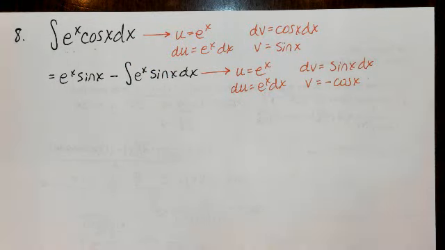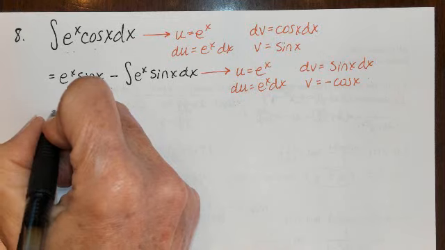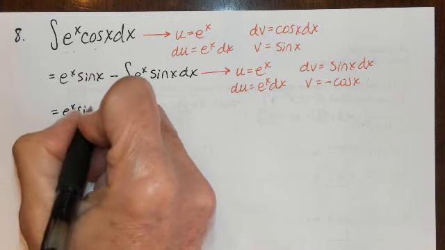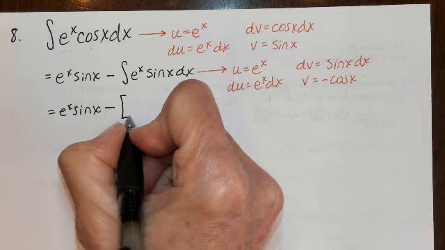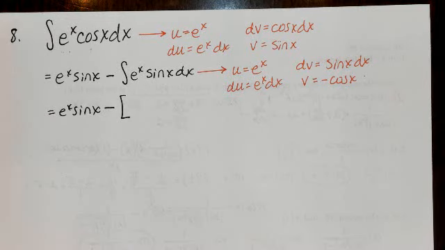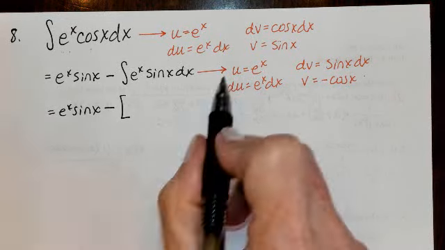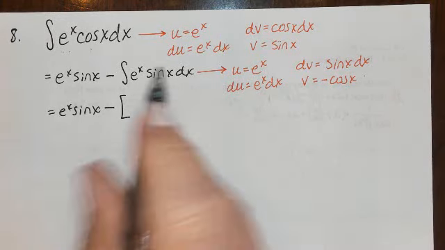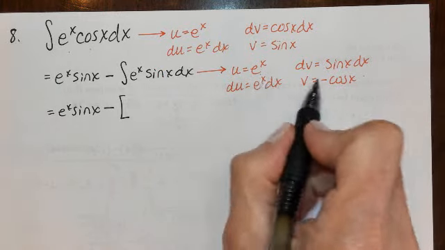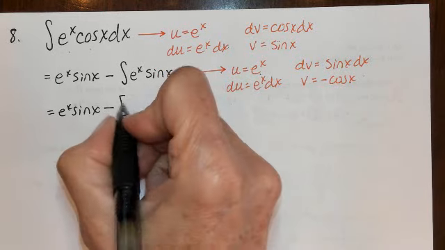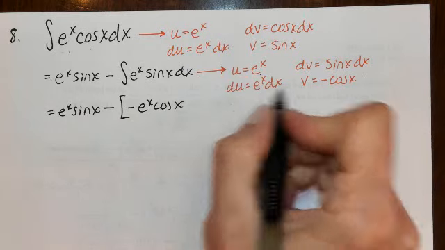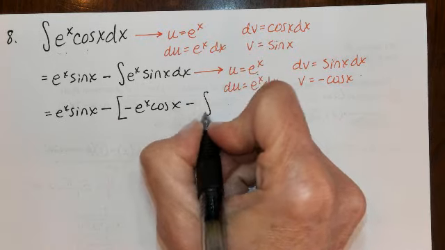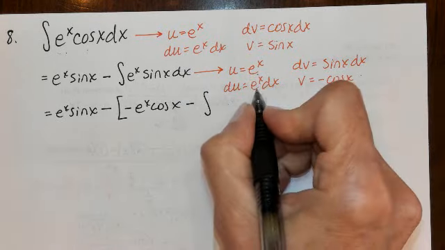All right? So back to our expression here, we have e to the x sine x minus this whole thing, so put brackets. It's going to be a big one here. uv, so negative e to the x cosine x, minus the integral of v du.